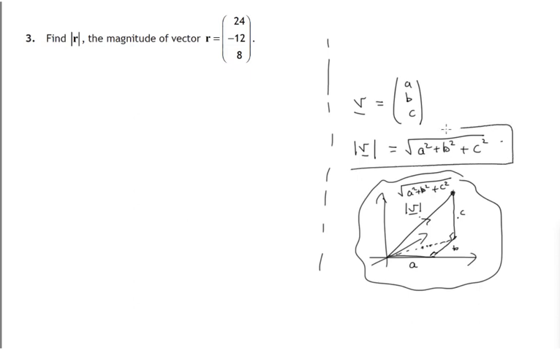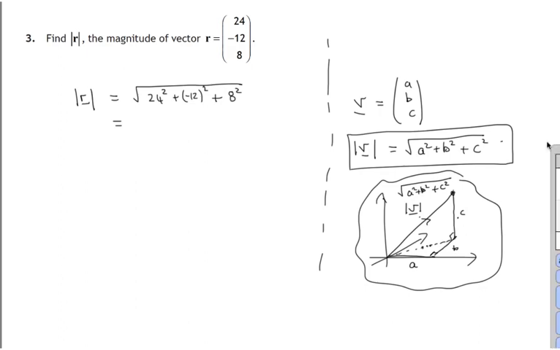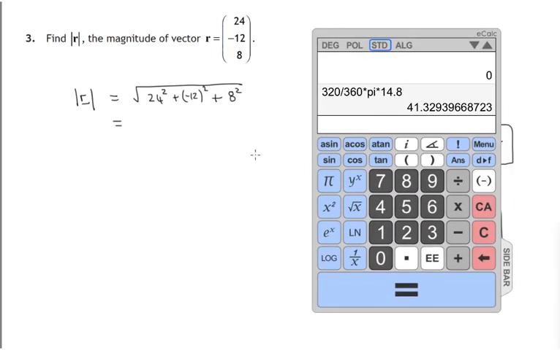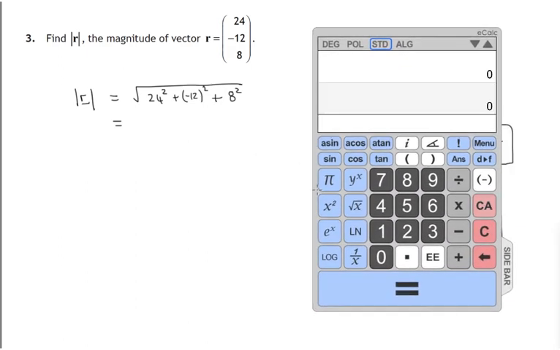Remember this formula. So in this case, the magnitude of r will be the square root of 24 squared plus negative 12 squared plus 8 squared. And we are privileged to be allowed to use calculators in this paper.